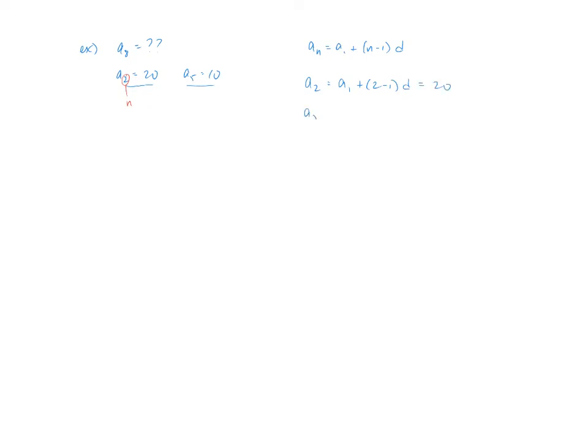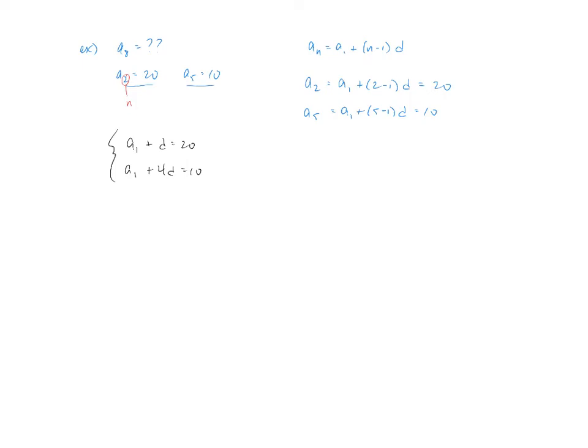And similarly, a sub 5, this is where my n is 5, that's going to equal 10. So by cleaning this up just a little bit, I'll have a sub 1 plus d equals 20, and a sub 1 plus 4d equals 10. So there's my 2 by 2 linear system.